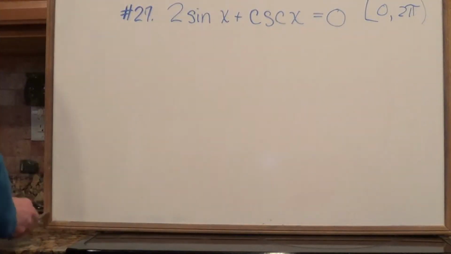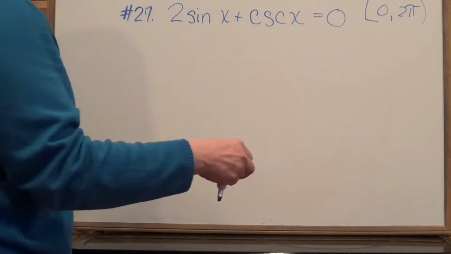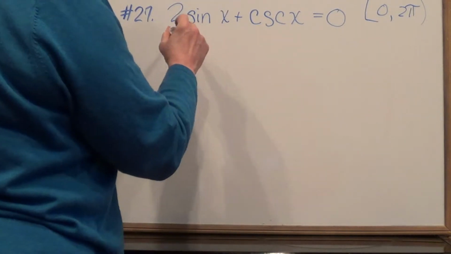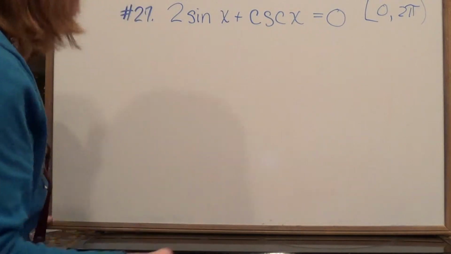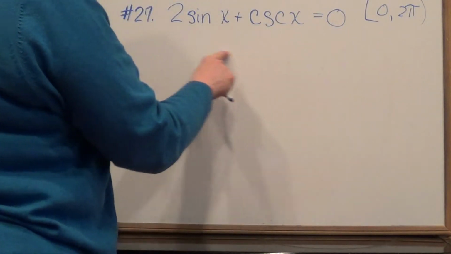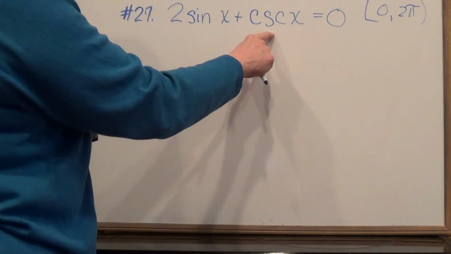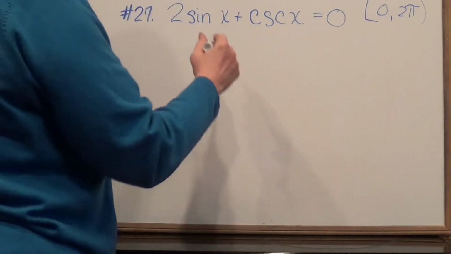Check your work as I go along here and see how you did, how far you got on this one. We are only looking between 0 and 2 pi, and I notice my mathematical nose is sniffing it out right now, and I want to work all in the same function. So I see sine and cosecant, so immediately I want to switch something so that it's all the same.